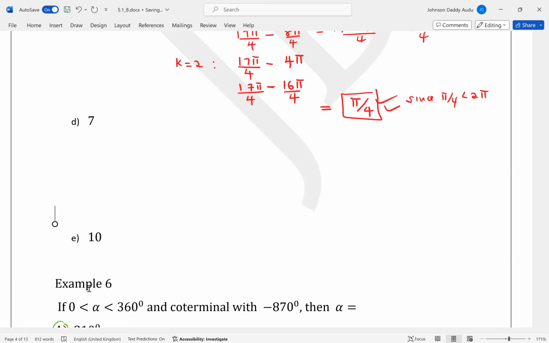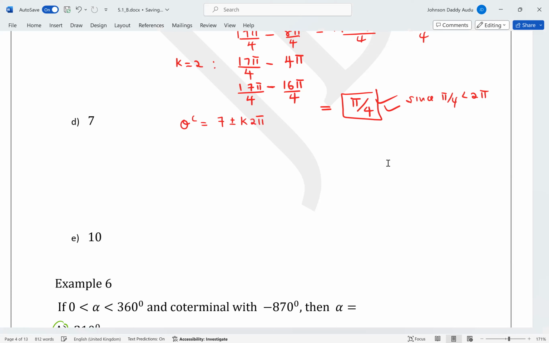As you can see, this 7 has no unit attached, so that simply means it is in radians. So it is 7 rad. Remember, we find the coterminal. To find the coterminal, it is going to be 7 plus or minus k times 2 pi.